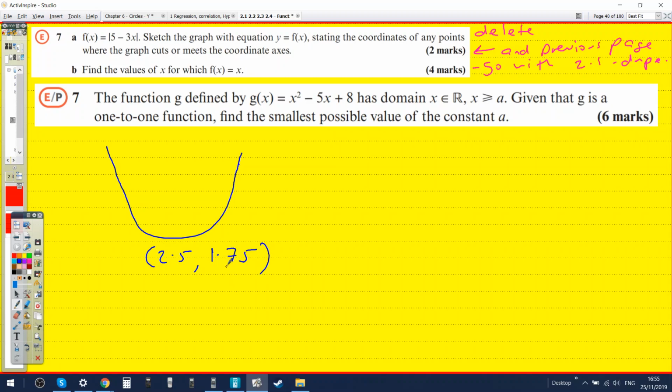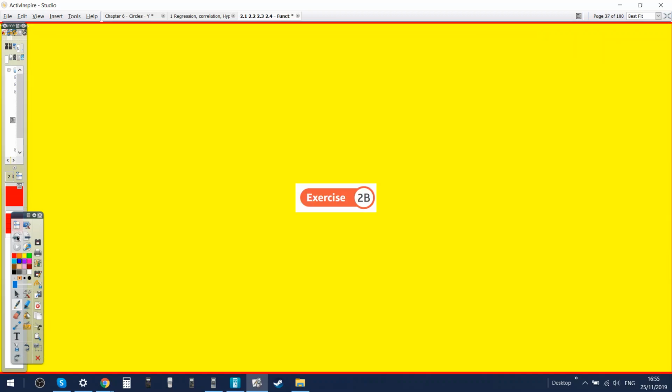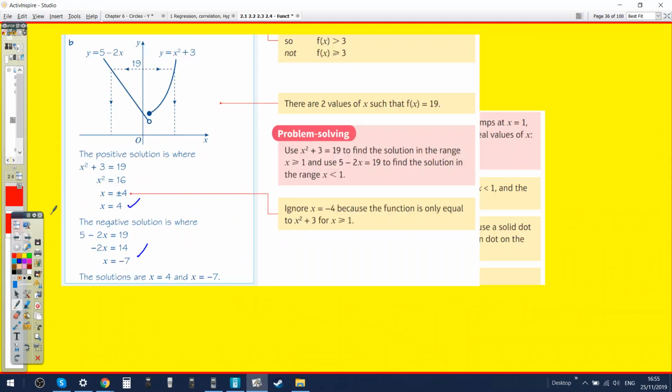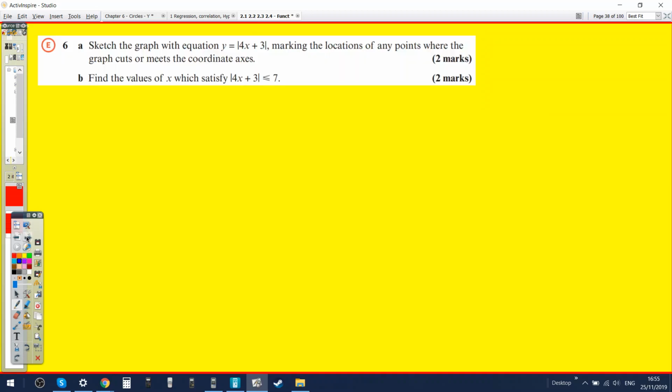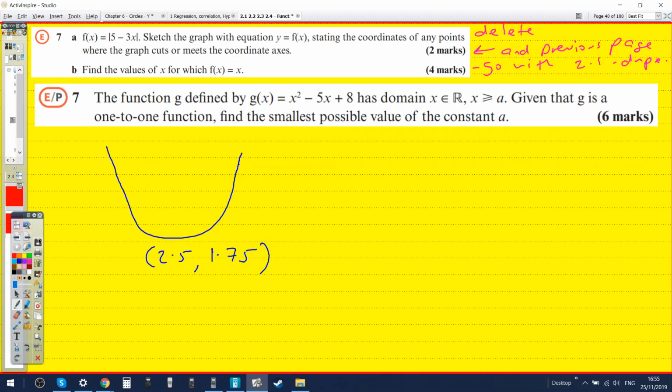And so, what do you know about it if it is a function, a one-to-one function? Whatever you input, it can only have one output. Yeah, and so with this previous one, we kind of cut it off halfway for some of these. Where would we cut this off so that it only has one output for one input?